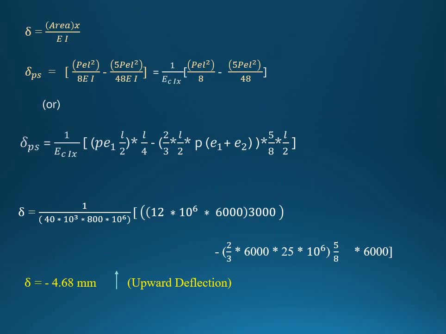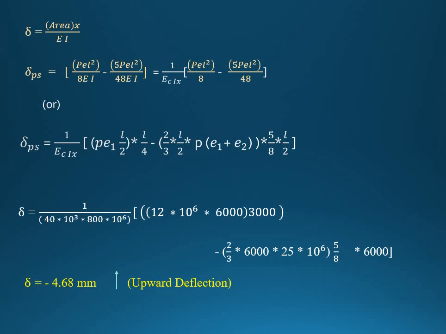Now substitute all the values. Here be careful, again and again don't substitute L as 12,000 by 2 and all, you just don't do it. Already we have written L by 2 is nothing but 6,000, and PE1 is also calculated, this term is also calculated.